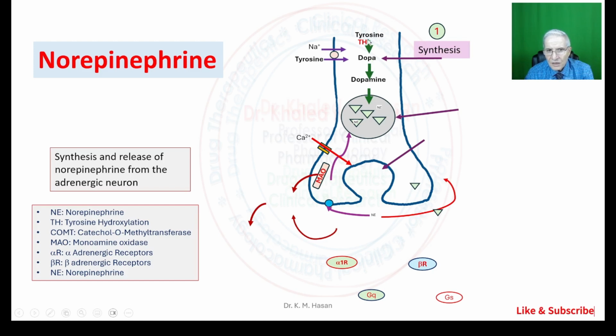Then the dopamine will enter the vesicles and be converted in the vesicles to norepinephrine. So we have dopamine as the mediator for some types of neurons, and in other types of neurons the dopamine will be converted to norepinephrine, NE. So dopamine enters the vesicles, and norepinephrine is inside the vesicles. What happens next?